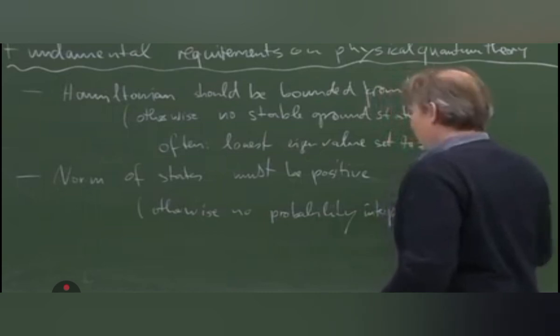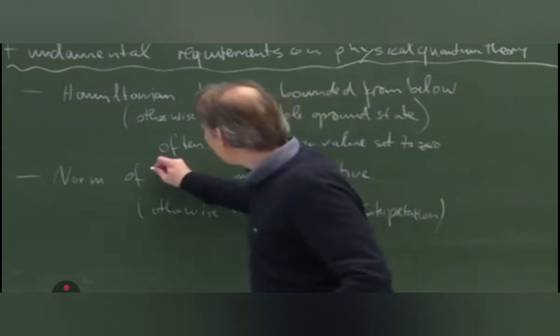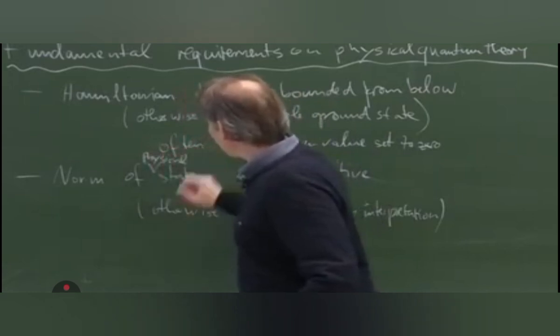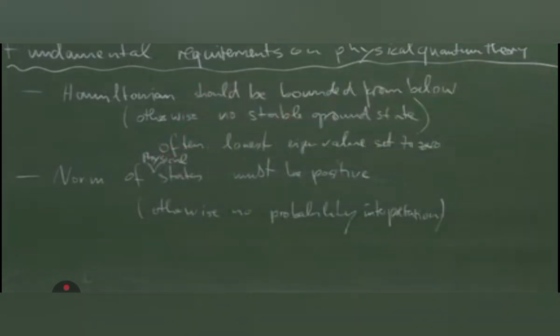Let me actually add here norm of physical states, because maybe we need to relax this requirement a little bit and have unphysical states also. But at least for physical states which you can interpret experimentally, the norm must be positive. And that is now the problem.